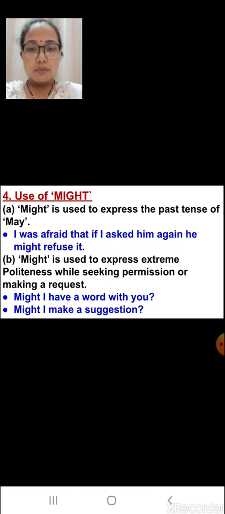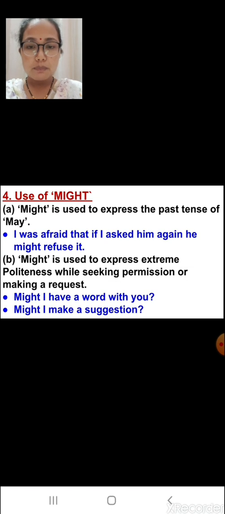Now let us see number 4, the use of might. Might is used to express the past tense of may. For example, number 1, I was afraid that if I asked him again, he might refuse it. Might is used to express extreme politeness while seeking permission or making a request.